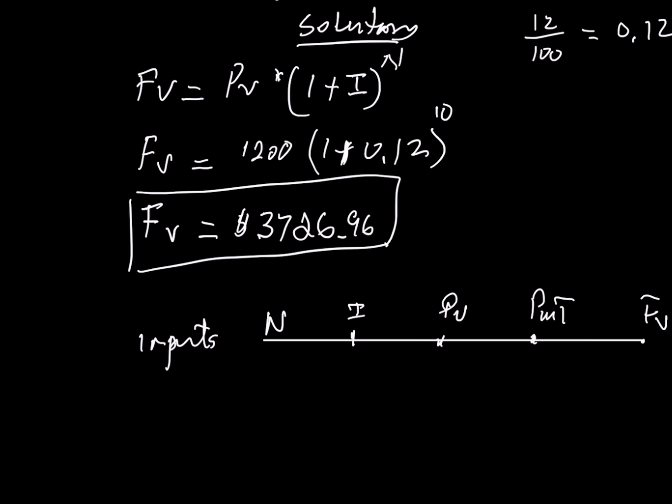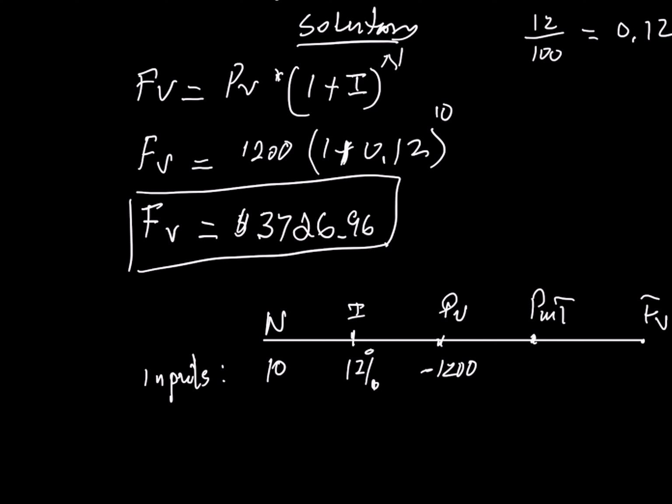So in this case, our inputs are: N is 10 years, the interest rate is 12%, and the present value is minus 1,200.